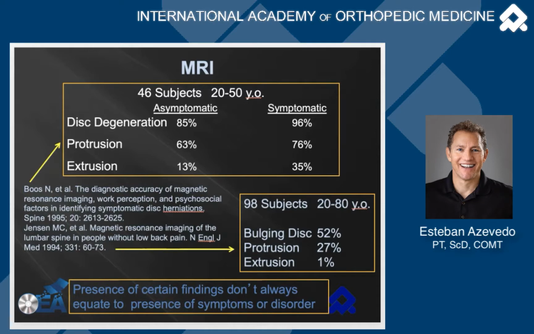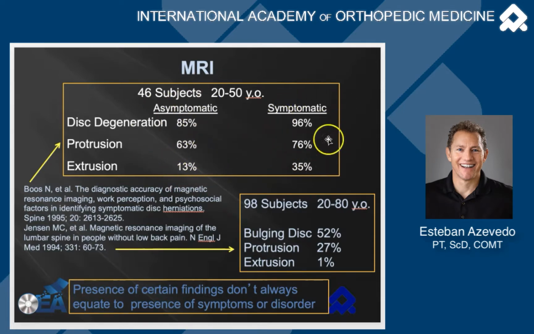Here's a study back in 1995 of 46 subjects aged 20 to 50, and in this asymptomatic population, that means people with no pain, 85% of them already had disc degeneration. 63% had that small disc protrusion, and 13% had the disc extrusion with no pain.